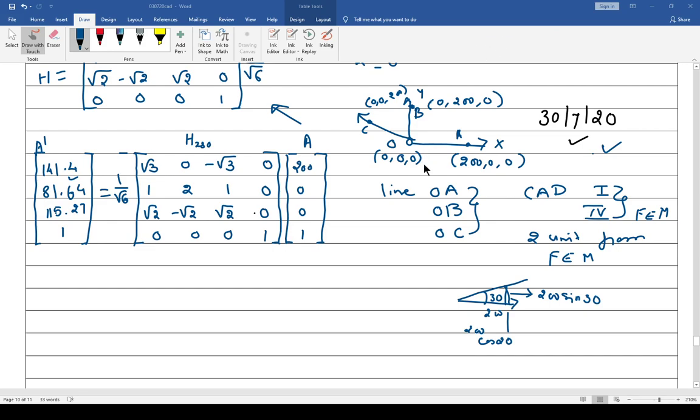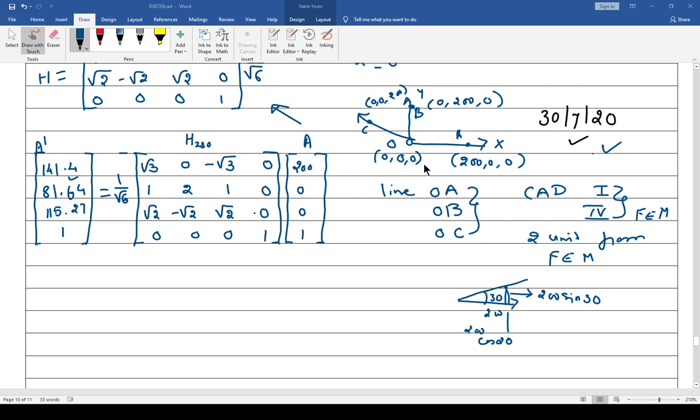I create my H matrix first. Capital H is equal to, first I'll create an array.